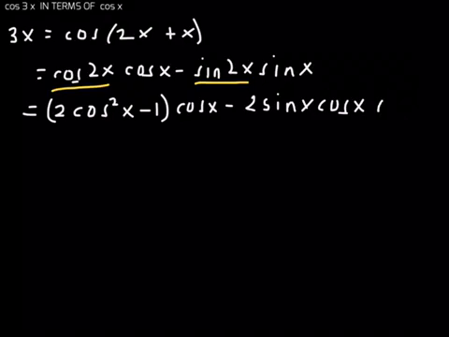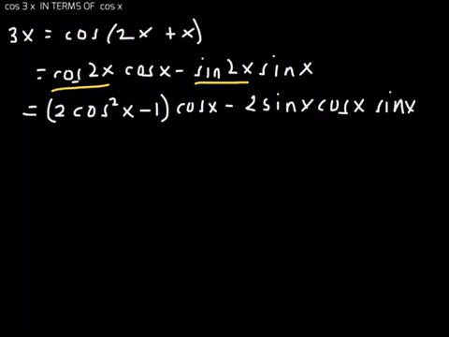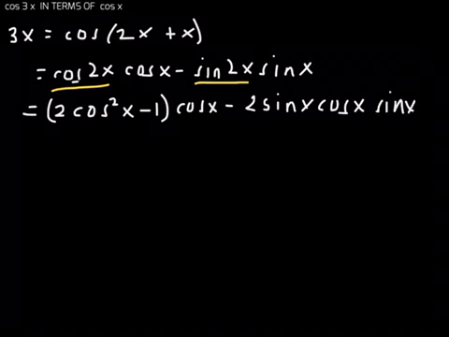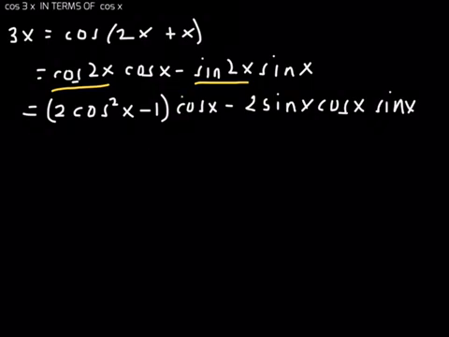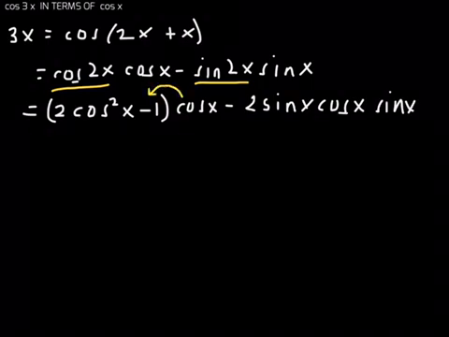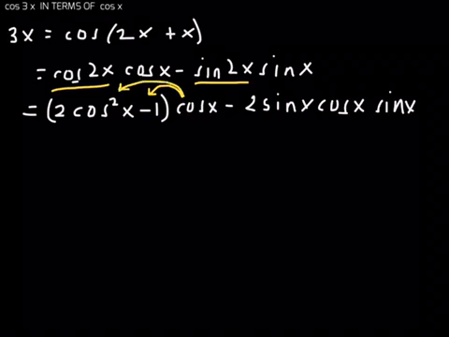Times sine x. Okay, now what I suggest you do at this point is distribute cosine of x here. And then over here, multiply sine x and sine x to get sine squared of x.